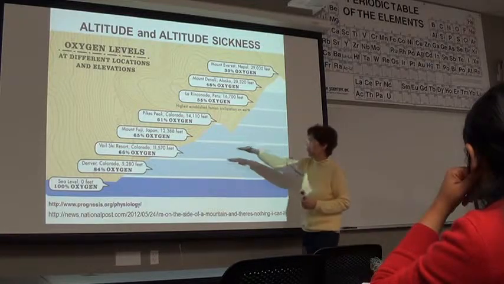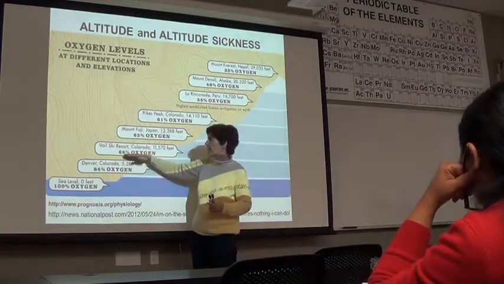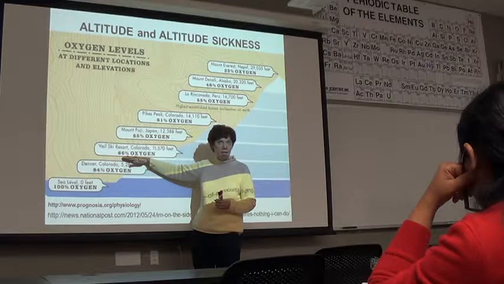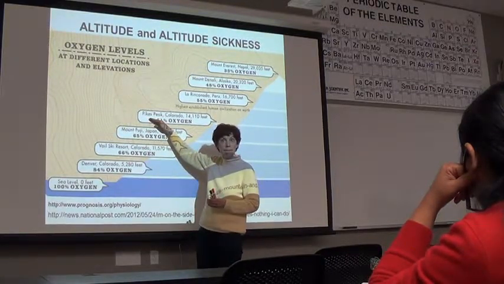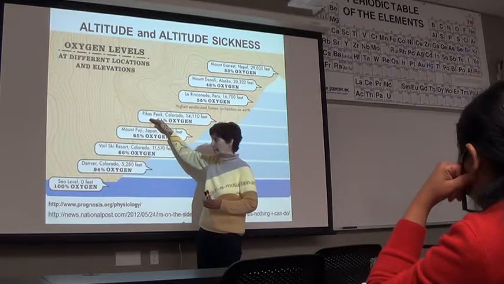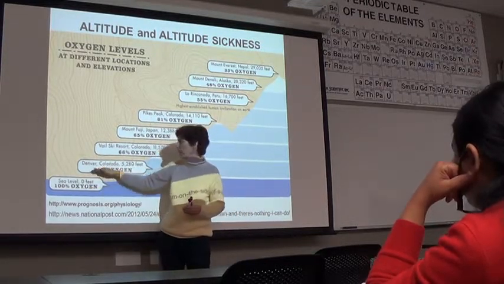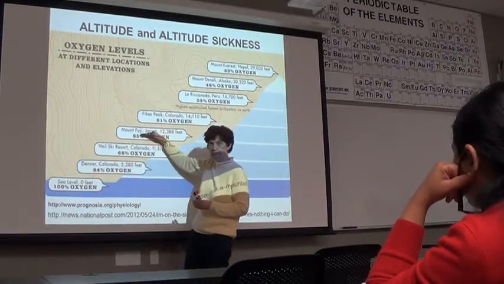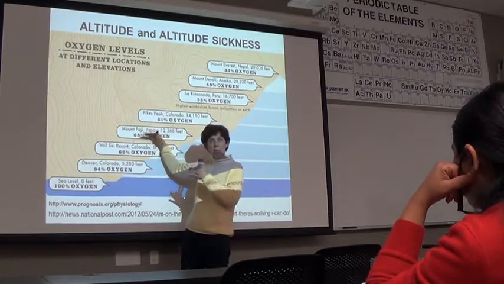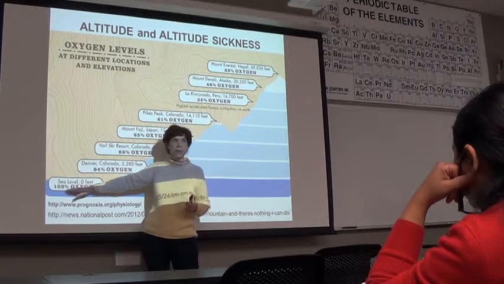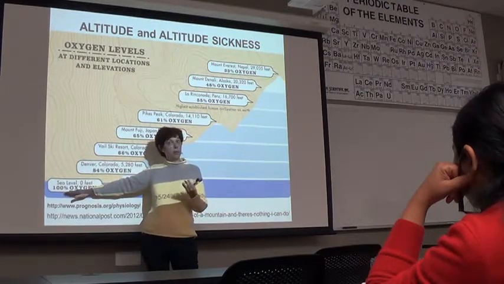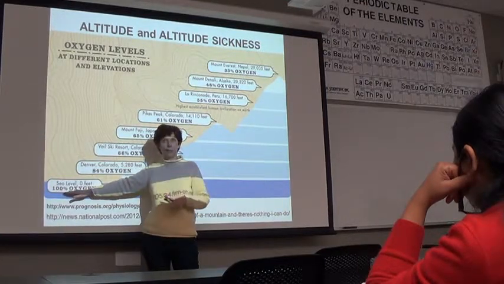Remember the percentage of oxygen in the air is always going to be the same. 21%, 21%, 21%, but of fewer and fewer total oxygen molecules. So 100% here is going to be 160 millimeters of mercury of atmospheric PO2.